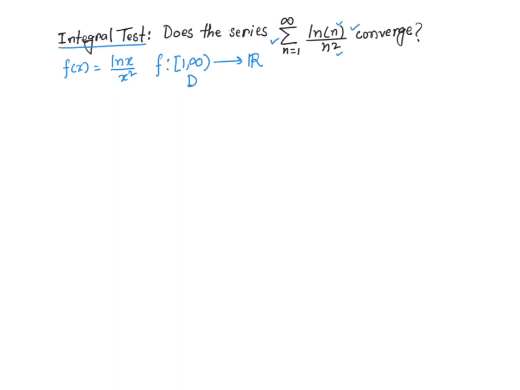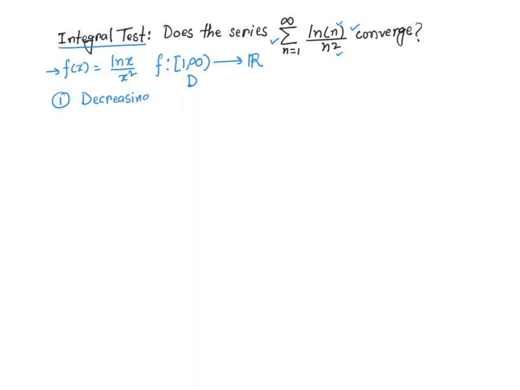Now, there are three things this function has to satisfy. One is it's decreasing, another is it's positive, another is that it's continuous in the domain. So let's go ahead and do this. Number one, is it decreasing?